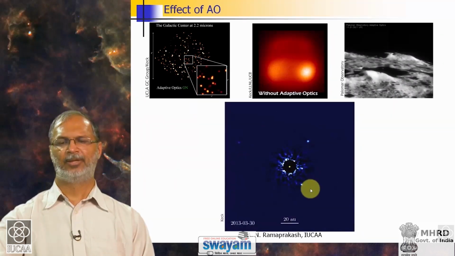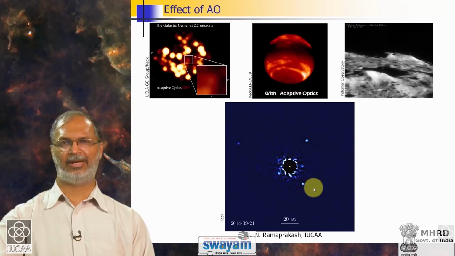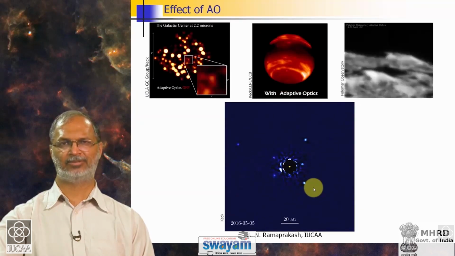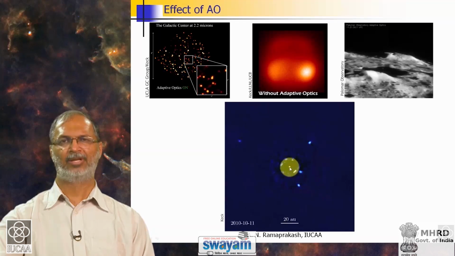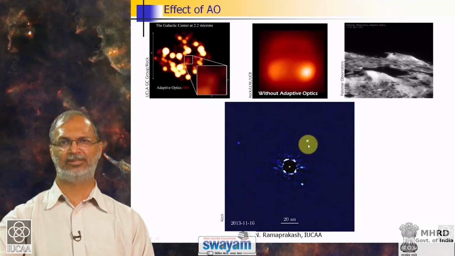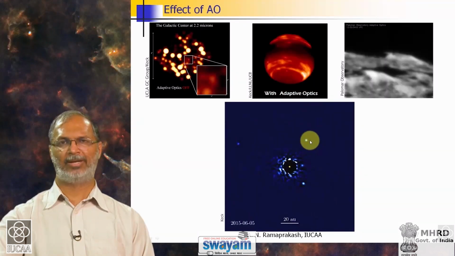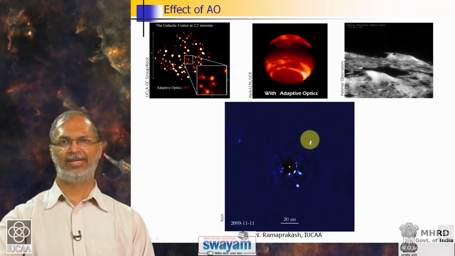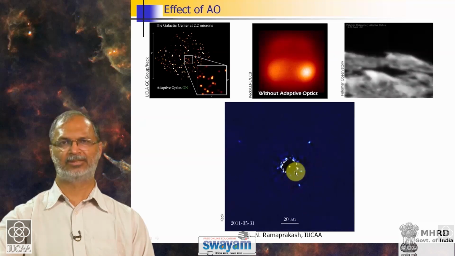And this here is the holy grail of astronomy as of today, at least one of the most important driving factors of astronomy, that is to discover and directly image planets around other stars.